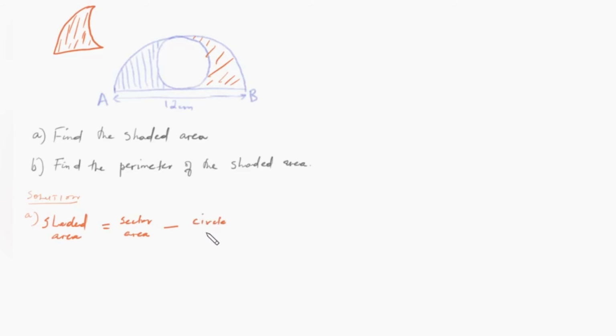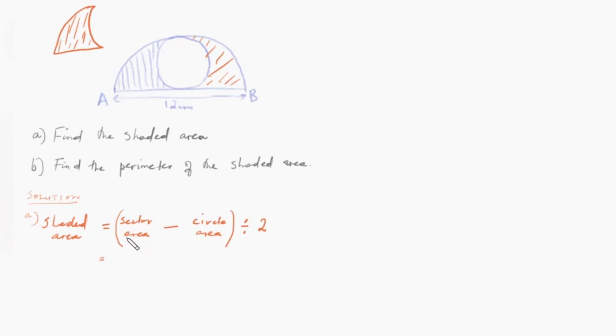A semicircle is a sector anyway. Then we divide everything by 2. Yes, that is it. That's the analysis we have made. So now let's see what we can do.